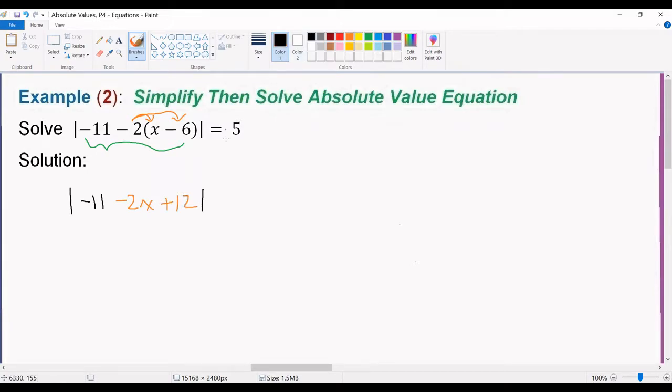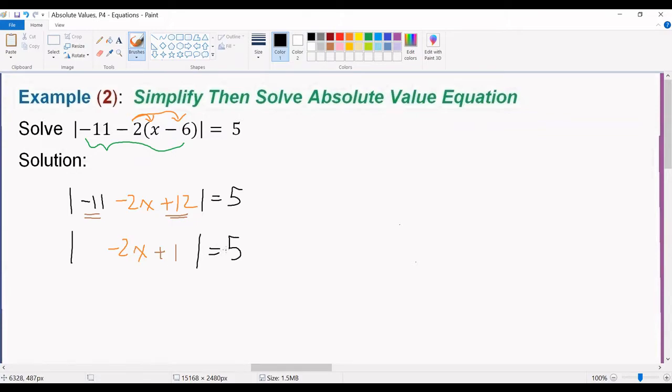Then we continue carrying down the equal sign and the 5 on the other side. We continue simplifying inside our absolute values. So now we're going to combine negative 11 and positive 12. This will give us positive 1. And we bring down our negative 2x inside our absolute values. This is equal to positive 5.